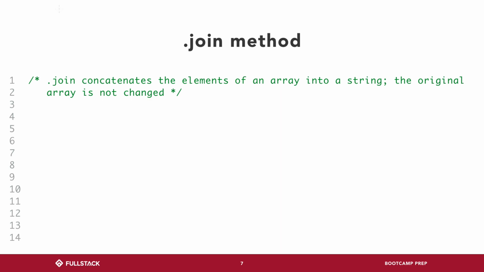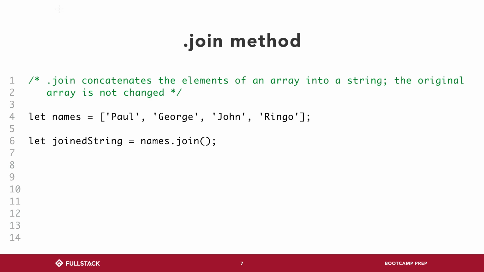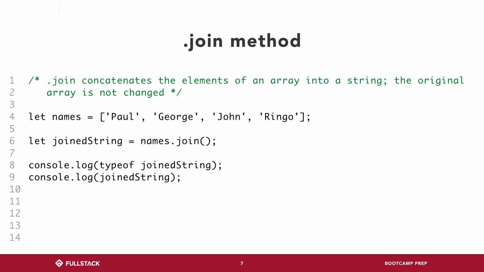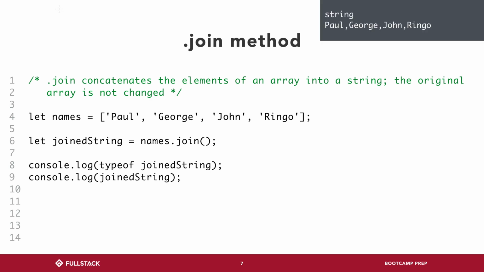The array is still there, but it returns a string that has all of the values combined into that string. So going back to our Beatles, when you call names.join, it returns a string that is all of the elements. And it doesn't show you, but there are quotation marks around that whole string.